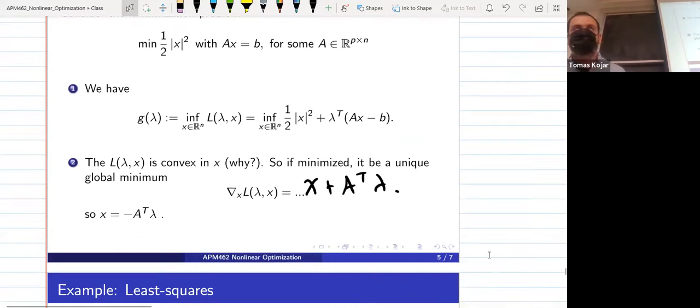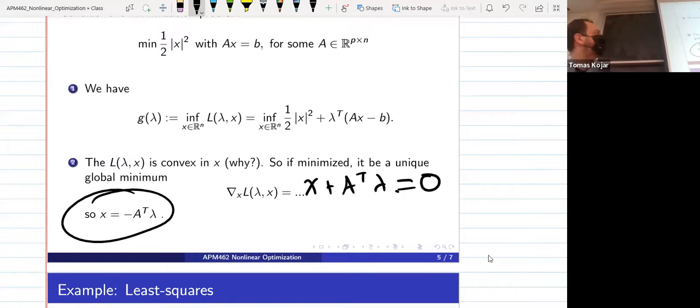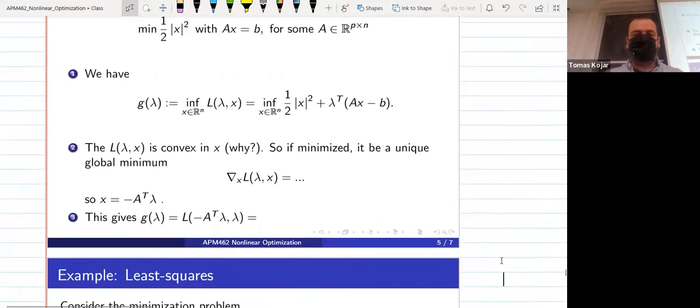And then you set it to 0. So you get the stationary point, X equals minus A transpose lambda. No inverse, because we cannot really take an inverse. A is not square. I mean, we can, but you'd use formulas like the determinant. You can't. Anyways.